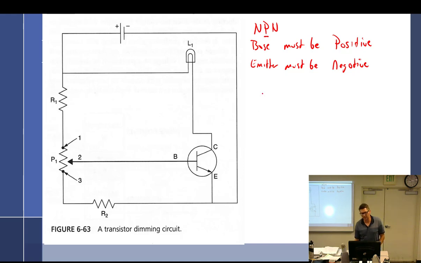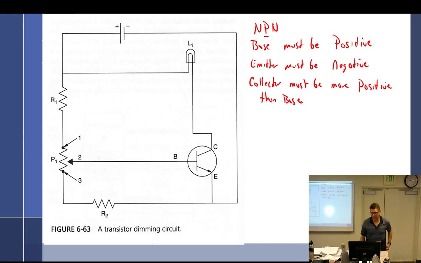All right, let's put that there. So collector must be more positive than base. All right, so now we're getting somewhere. So base must be positive, emitter must be negative.